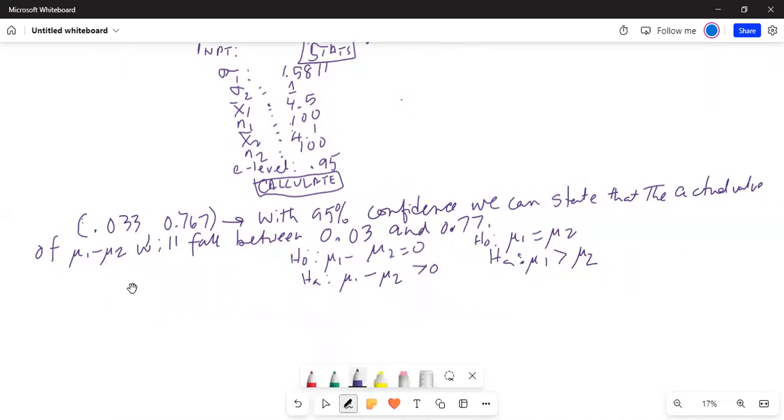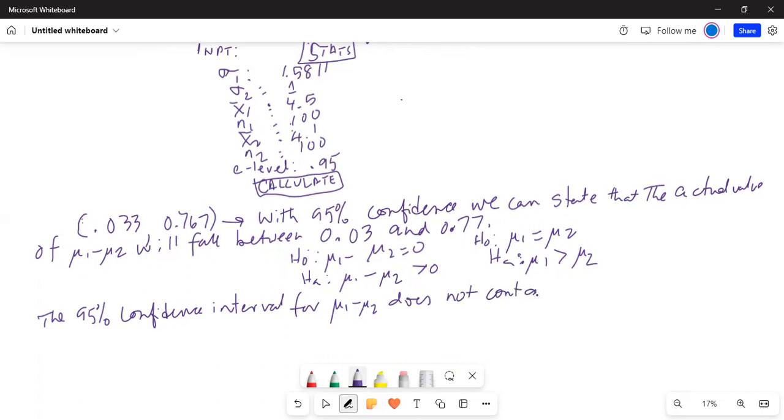So the 95% confidence interval for mu1 minus mu2 does not contain 0. It starts from 0.03.